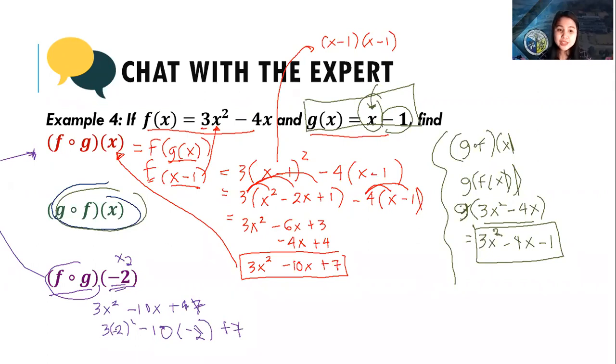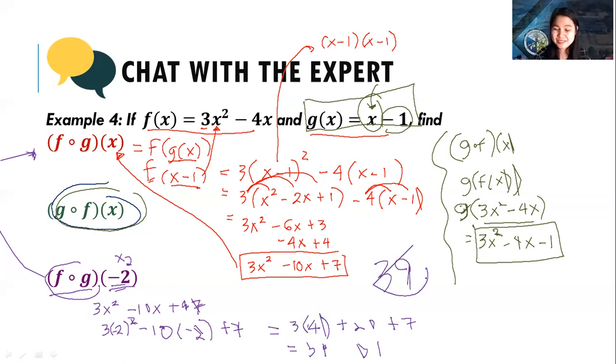If you solve that, that's 3 times 4, the other is plus 20, and the last is 7. If you add them all, our answer will be 39. Sorry, my pen is no longer working at the bottom part. The answer is 39.